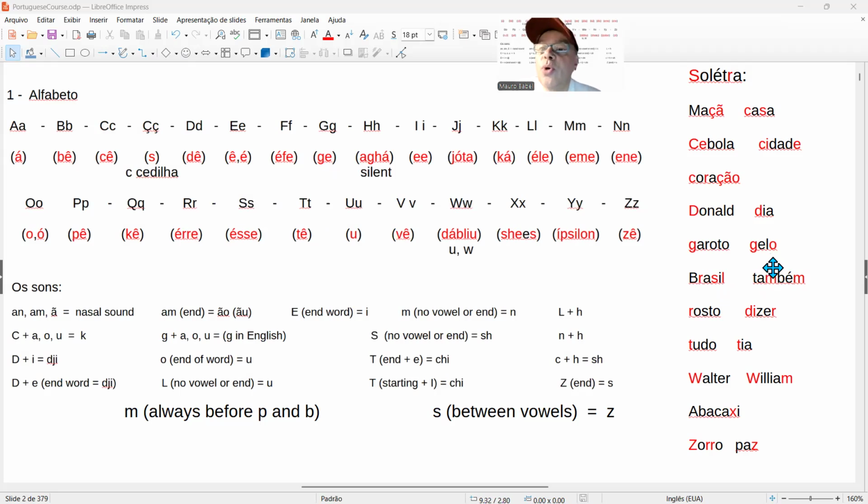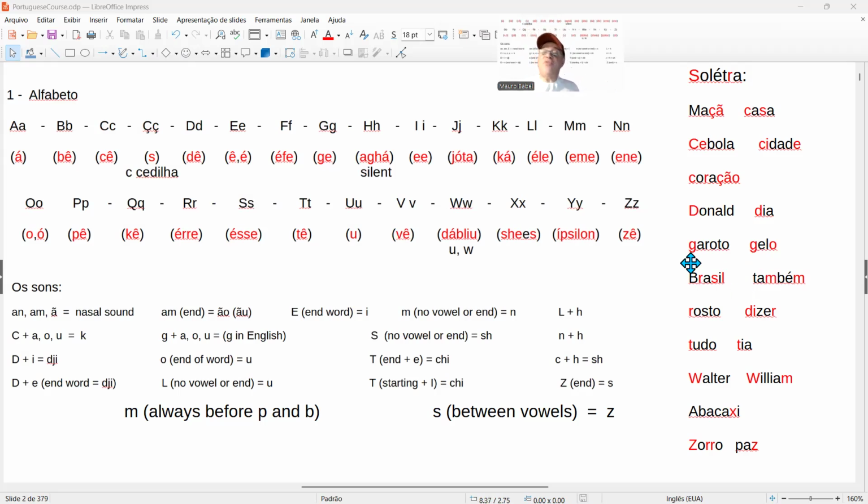Repeat, gelo. Remember that you can say gelo, or in Rio, O at the end of the word sounds like U. Again, gelo. What is gelo? Gelo is ice. Do you want ice in your Coke? Do you want gelo?